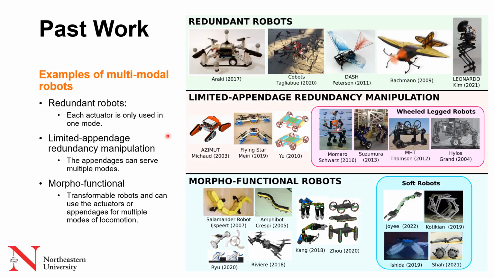There's also limited appendage redundancy manipulation, where the appendage can serve multiple modes, most prominently on the wheel-legged robots over here, where at the end of the leg there's a wheel, so it can alternate between legged and wheeled locomotion modes. There's also the last one, the morpho-functional robots over here, where the robot limbs can transform and the actuators are used for multiple modes of locomotion, and our robot belongs in this category.